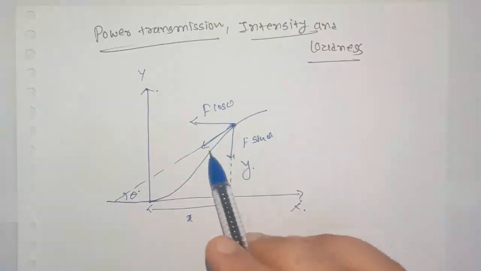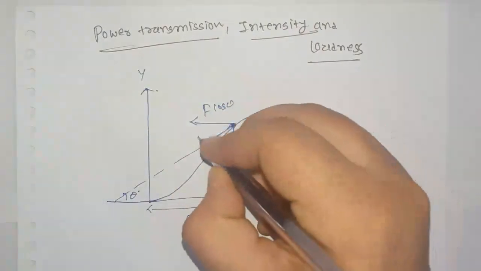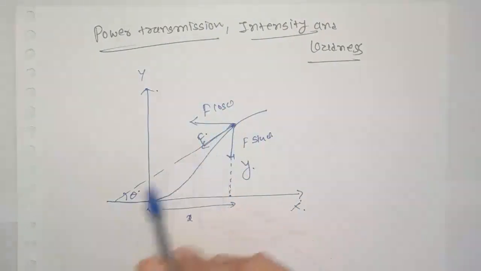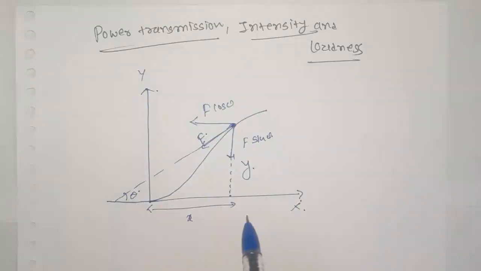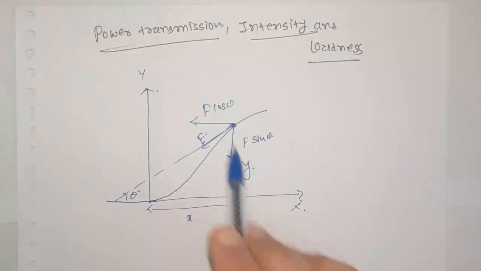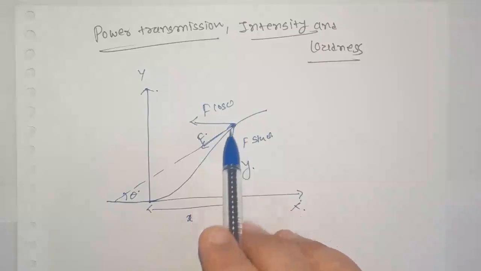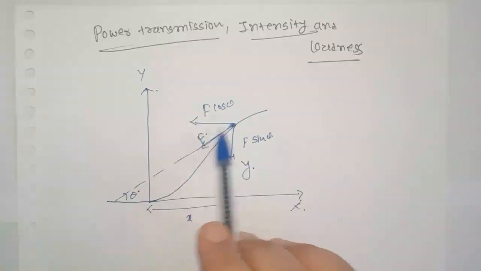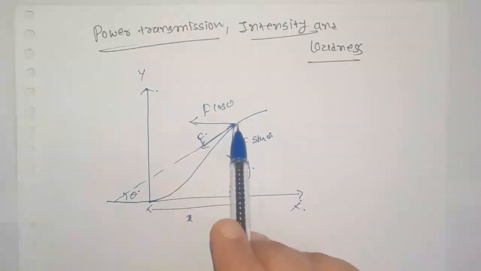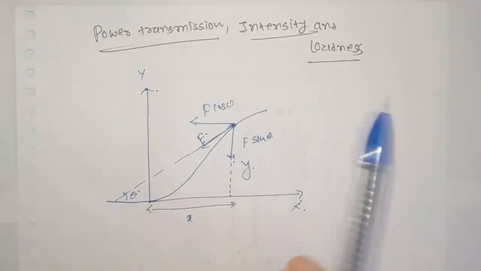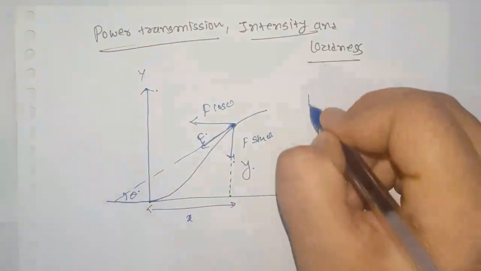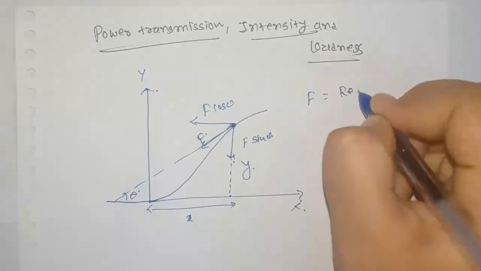Let's say that restoring force is F. That is making an angle of theta with the direction of propagation. So we can divide this force into two components. The horizontal component will be F cos theta and the vertical component will be F sin theta. Here F is the restoring force.